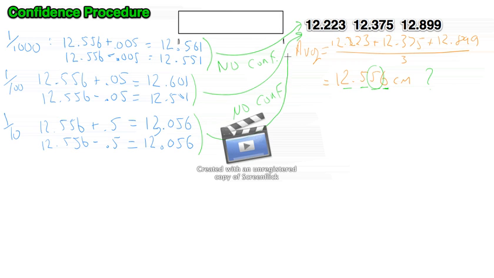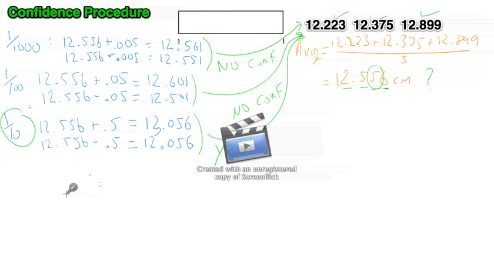We look and see that yes, that one falls in the range, yes, that one falls within that range, and yes, that falls within that range. So in this case, we can be highly confident that our measurement falls within that range. And so we're confident down to the 10th place.